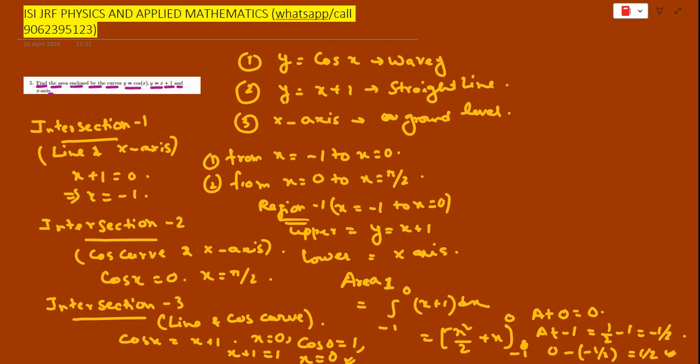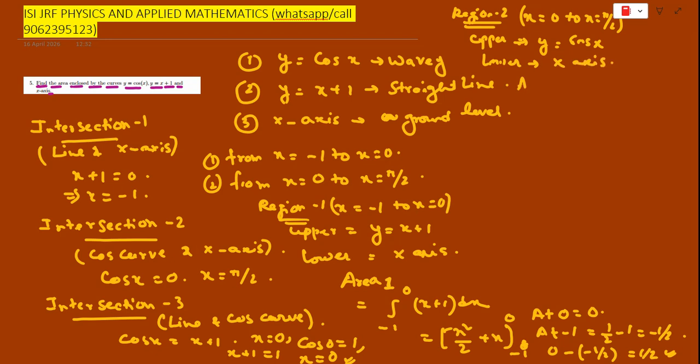Now region 2, that is x equal to 0 to x equal to pi by 2. The upper curve is y equal to cos x, and the lower one is the x-axis.